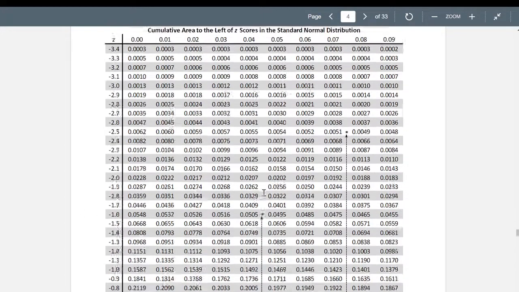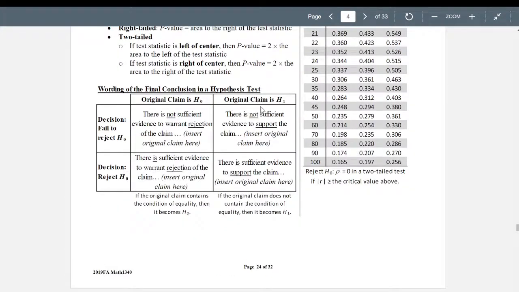This time, the claim is in the alternate, the original claim is in H1 or HA, but our decision is to reject the null hypothesis. So instead of not having sufficient evidence to support the claim, there is sufficient evidence to support the claim.